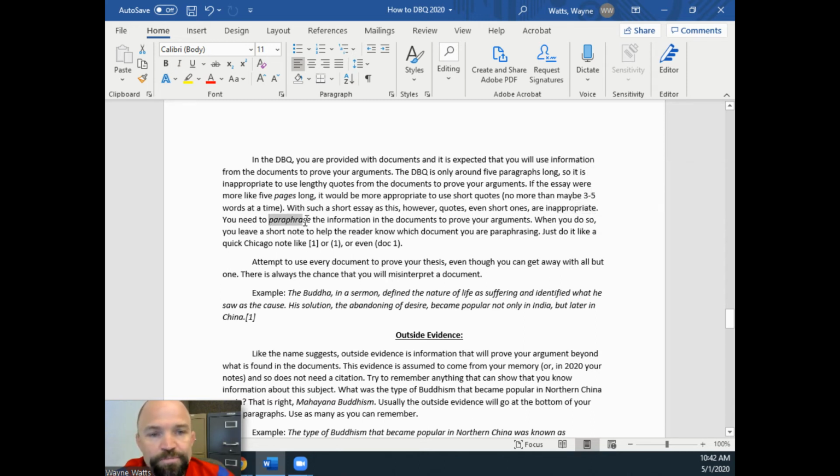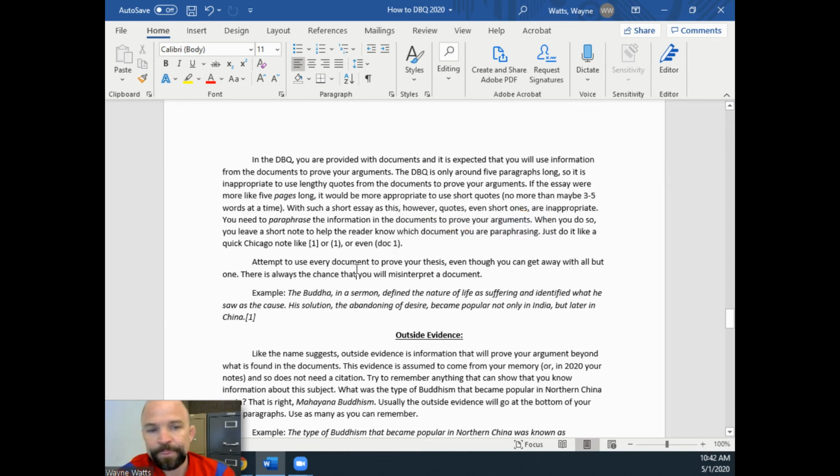You need to paraphrase. Put the information into your own words to prove your arguments. When you do so, you just leave a short note to help the reader know which document you are paraphrasing. Just do it like a quick Chicago note, which would mean document 1, or you can do it more like MLA style where you would just put document 1.